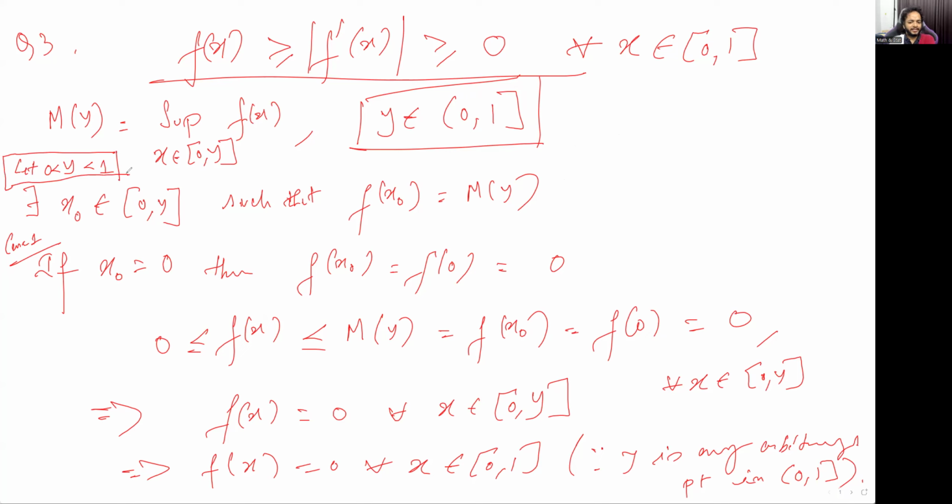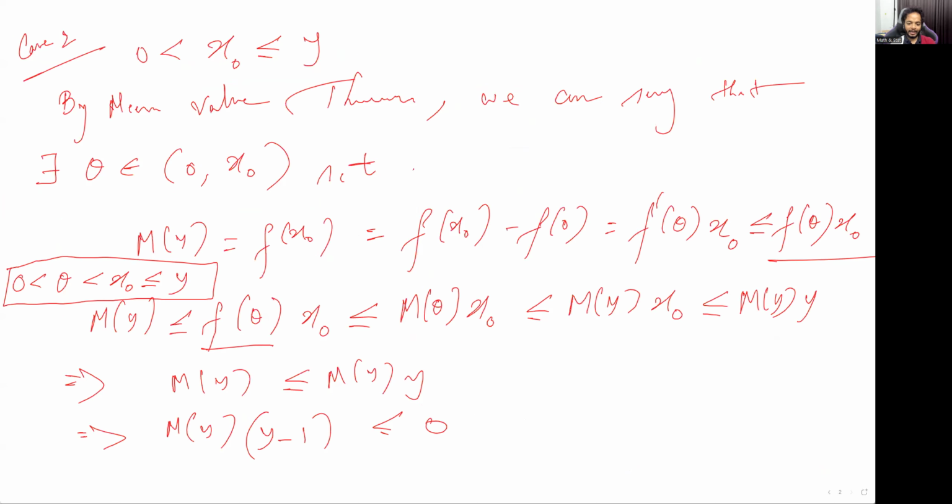Again, still the same thing, that is there will be some x naught in 0 to y such that f of x naught is m of y, because m of y is nothing but the maximum value that the function is attaining in that closed and bounded interval 0 to y. So now I am safe to go for this one and say that m of y will be less than or equal to 0, since y belongs to the open interval 0 1.